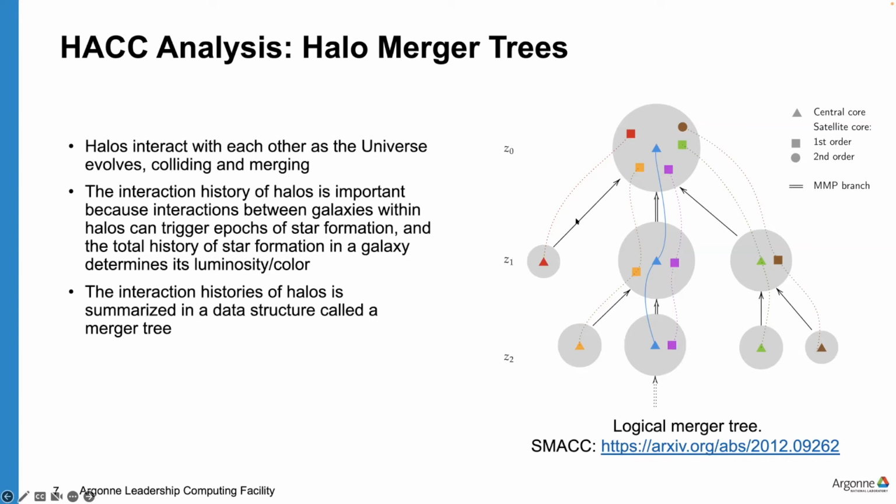So it's very important to keep track of this merging history. Part of the analysis is determining this history, and this is more formally known as a merger tree. This data product is important to study, especially when creating these mock catalogs that I was describing that are very useful for surveys.